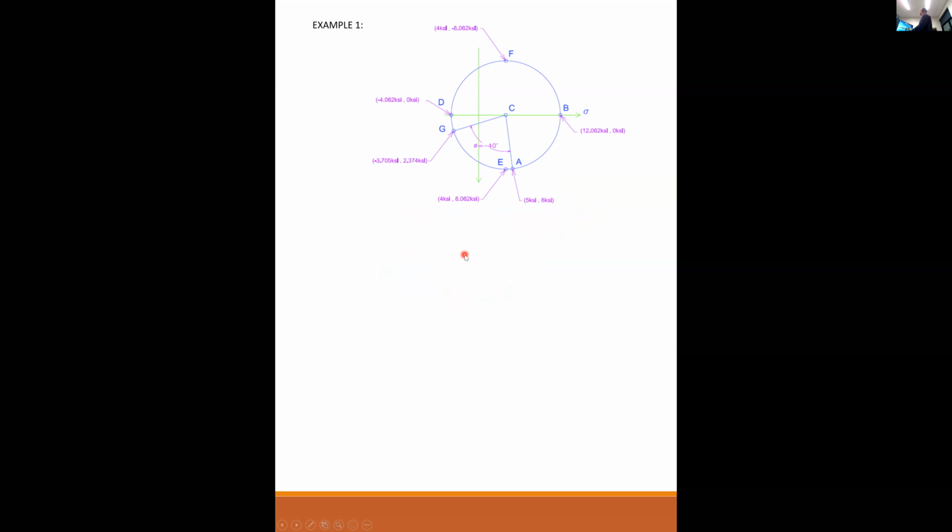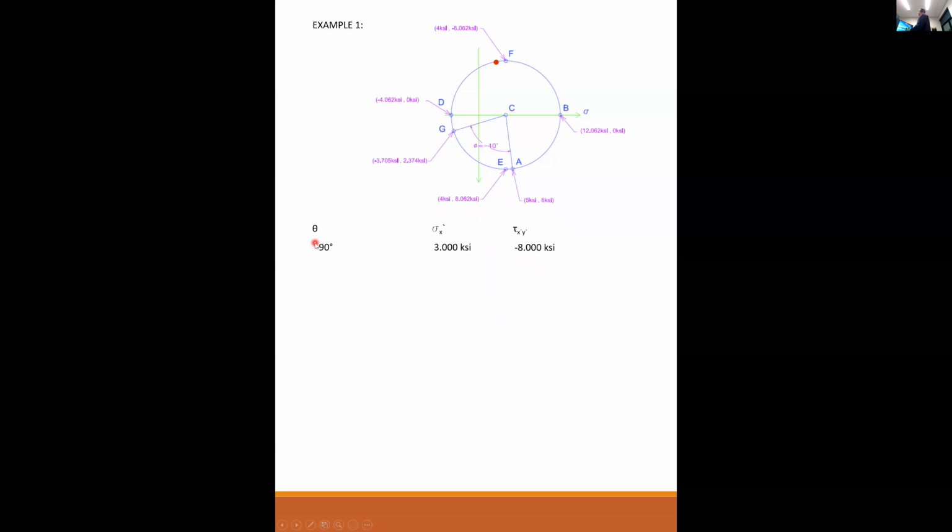Okay, so these are the same points. Now remember we solved all these points. This is the same problem and we solved them using the equation method. So when we solved for minus 90 degrees and we found 3 KSI and minus 8 KSI, this is just a reprint from the first lecture on this subject.